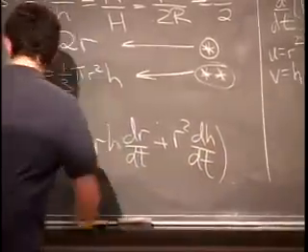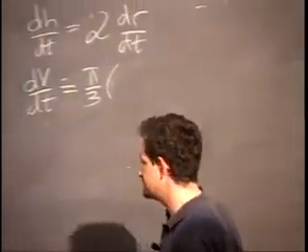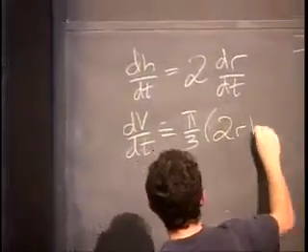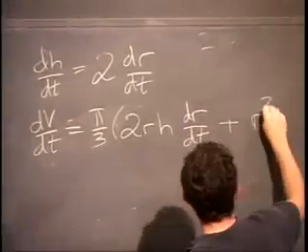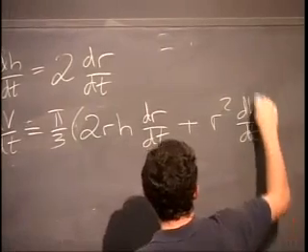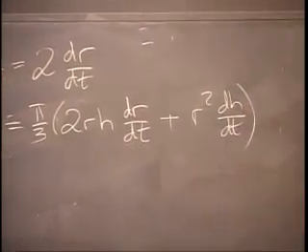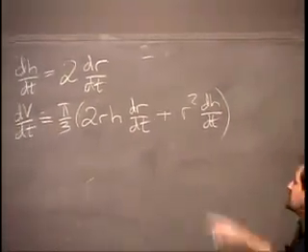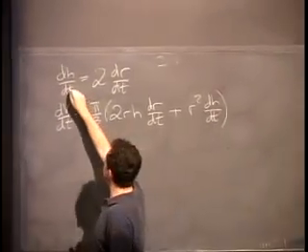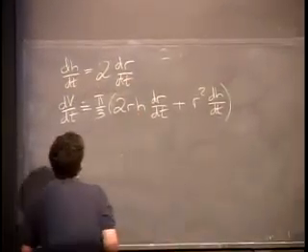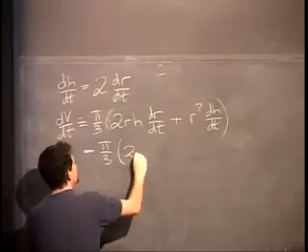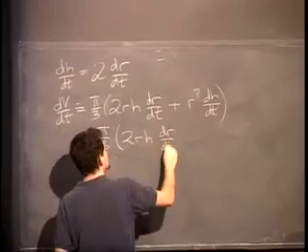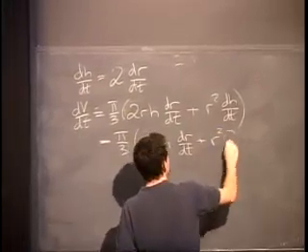So now I just need to write it out correctly here: 2rh dr/dt plus r squared dh/dt. All right, we're making some progress here. This first equation tells me I can replace dh/dt by 2 dr/dt. So this is pi over 3, 2rh dr/dt plus r squared times 2 dr/dt.